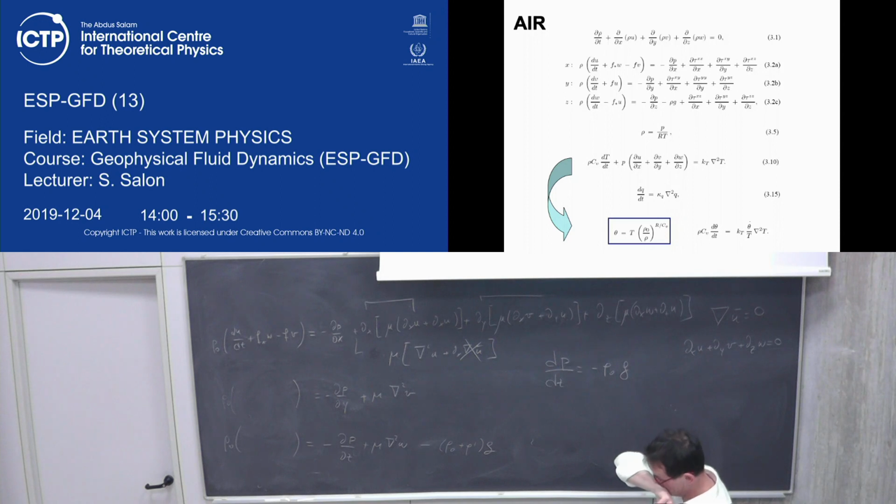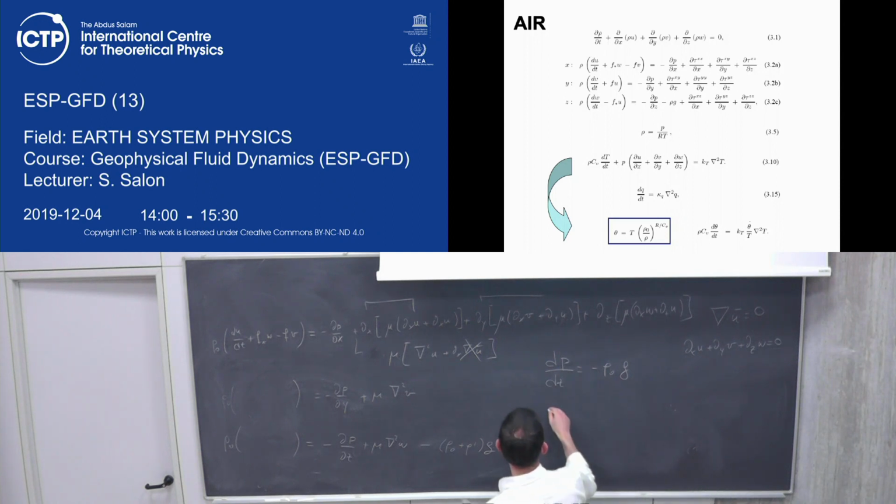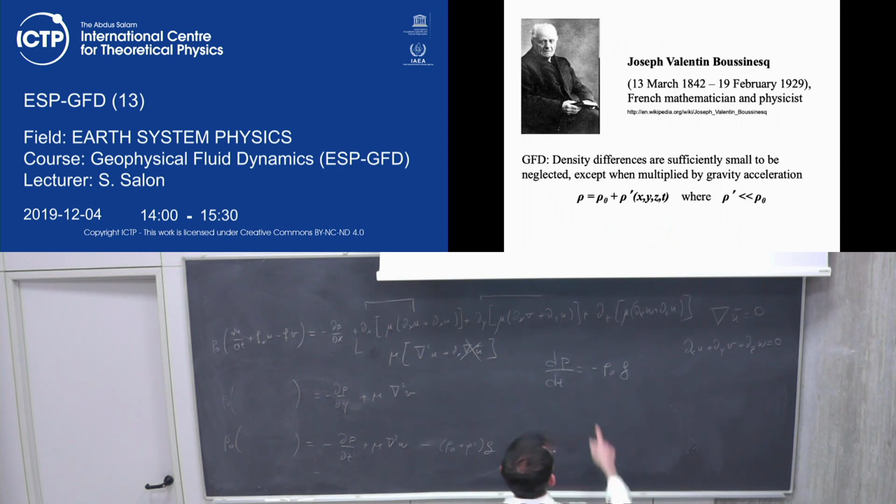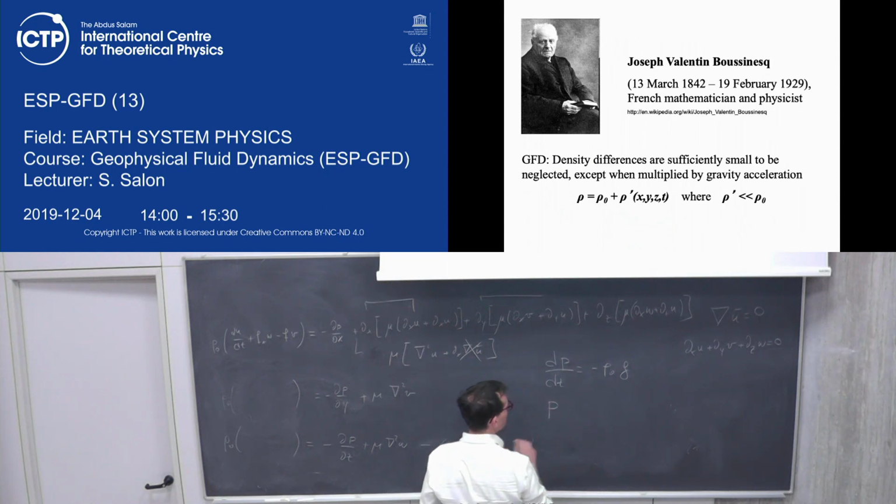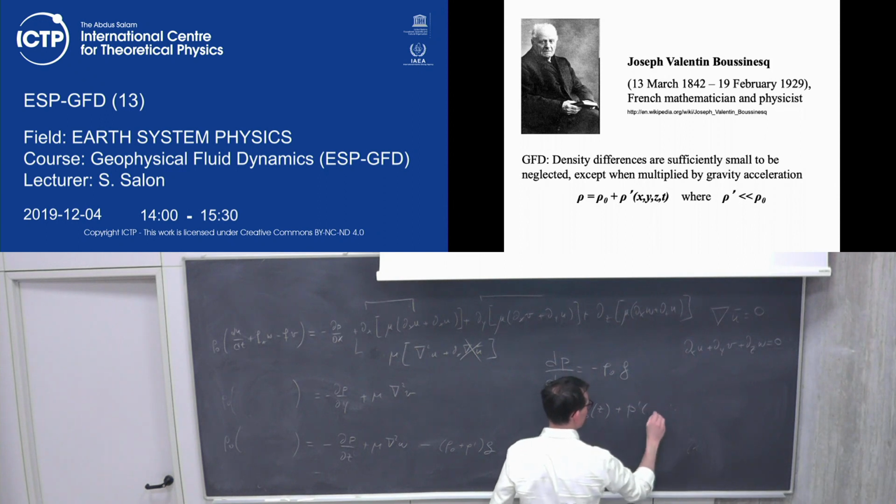Okay? So in particular, we can do the same trick that we did with the density, with the pressure. So we will write that pressure will be P0 plus P prime.